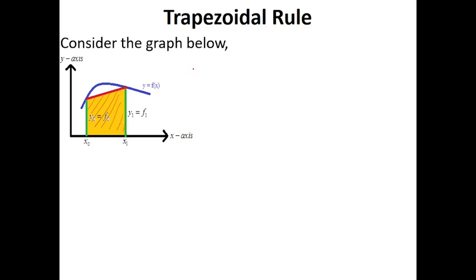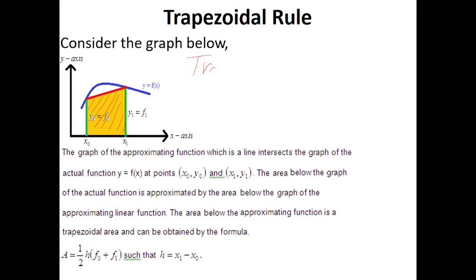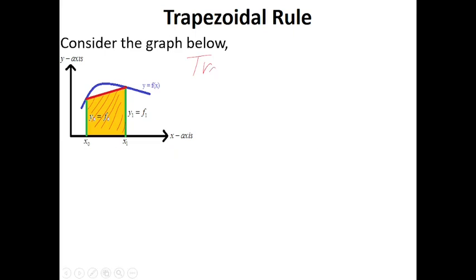So what is a trapezoid? A trapezoid is a quadrilateral wherein two sides are parallel. So one pair of opposite sides of a quadrilateral is parallel.